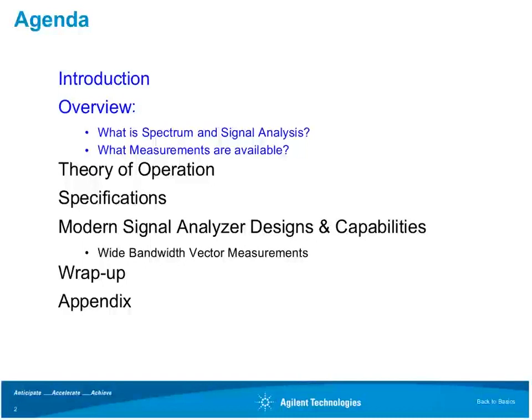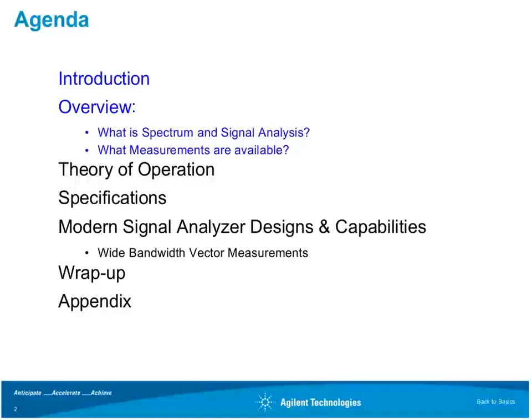Well, here's our agenda for the next hour. As you can see, we'll start with a quick introduction and do a simple overview to review what is spectrum and signal analysis and what are the kinds of measurements that people might make with these instruments. Then we'll spend a little time on the theory of operation, the architecture of how we actually put these instruments together and how they work.